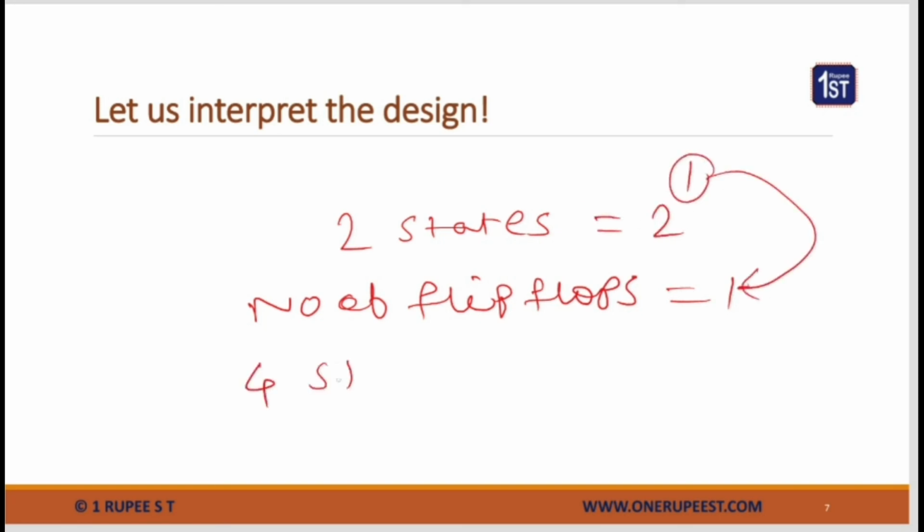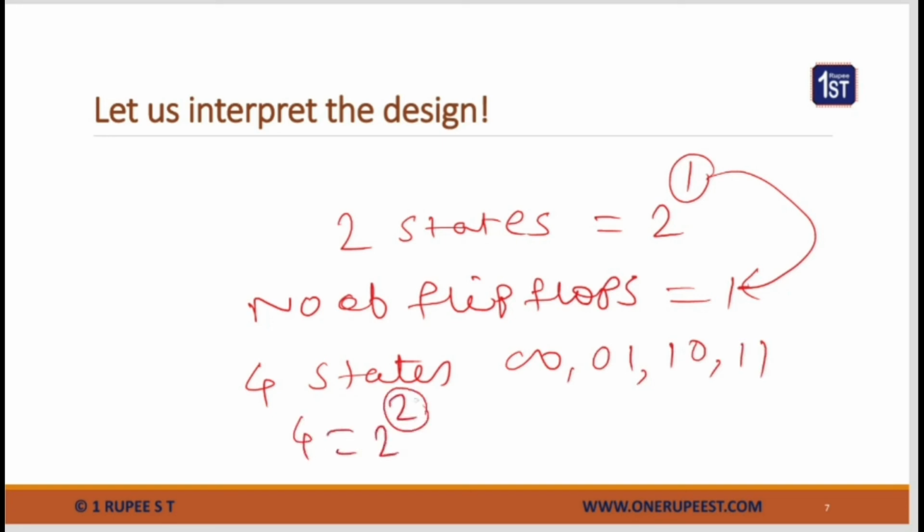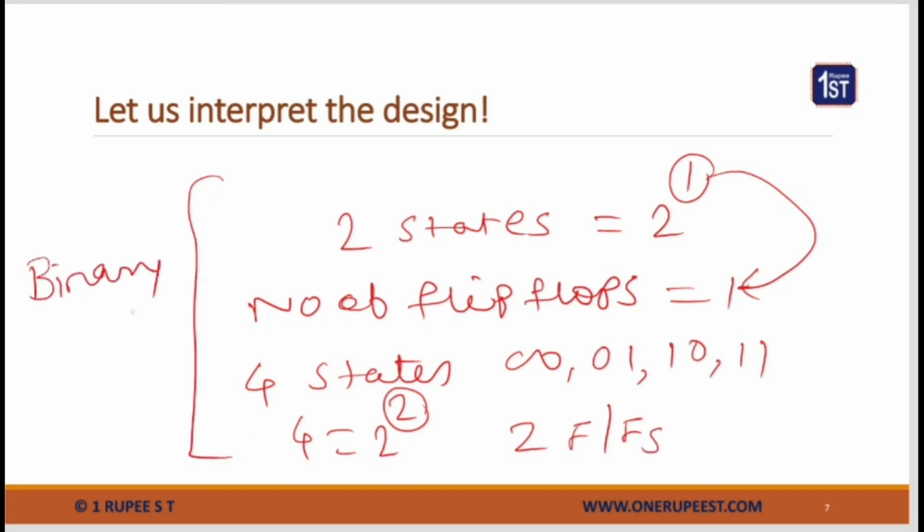So for 4 states, 00, 01, 10, 11, 4 is equal to 2 to the power 2, so I need 2 flip-flops. So this is basically your binary encoding, because I will be using the binary number. There are different types of encoding techniques that we need to discuss in much more detail as far as FSM design is concerned.